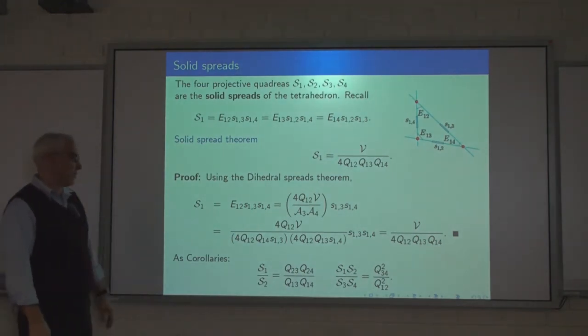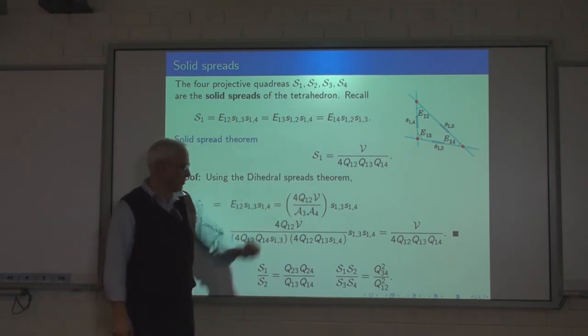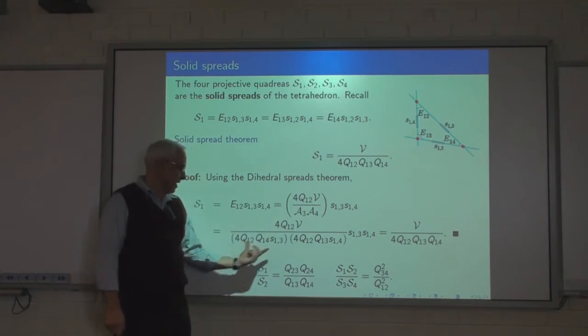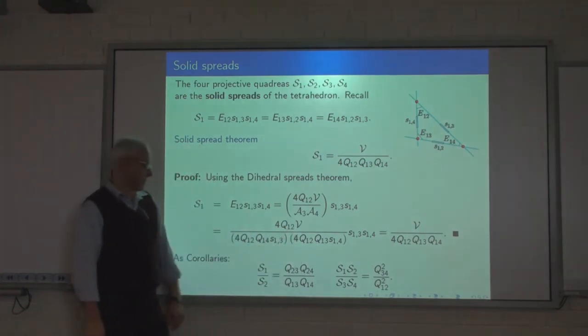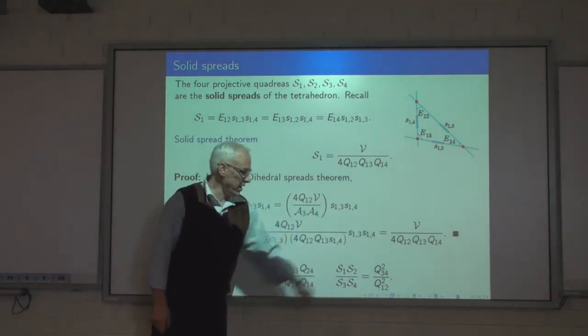And here's the proof, basically 2 lines. There's the formula for E12 that we just derived. Then we write out the quadreas of the bases, of the denominators. We do some calculation, cancellation, and we get this formula.